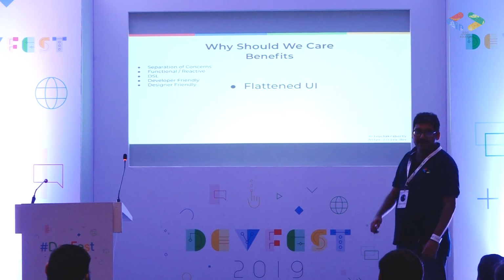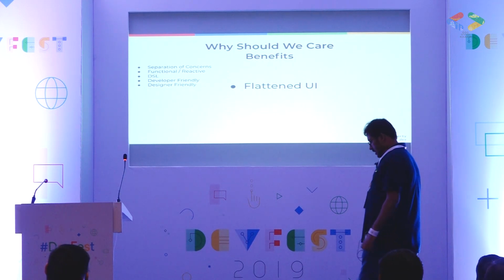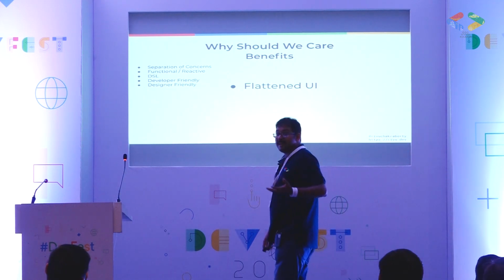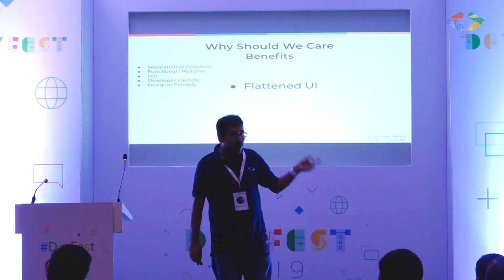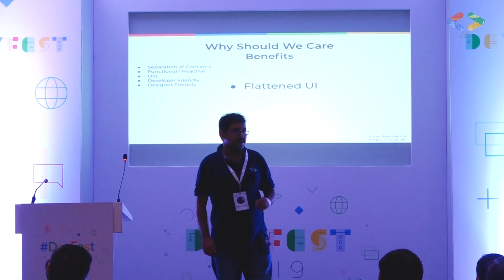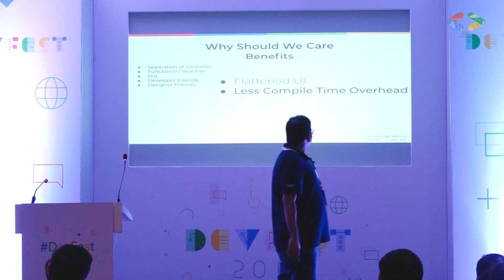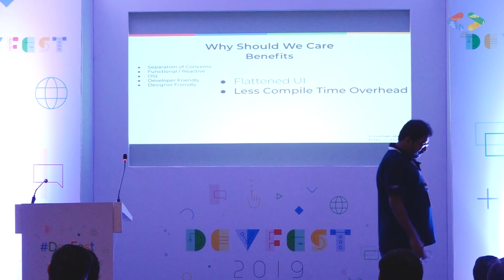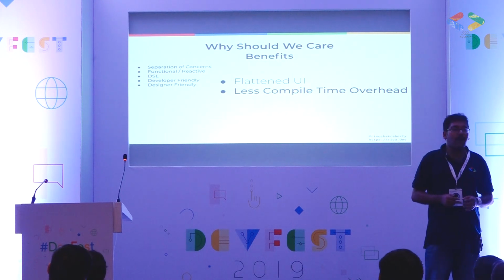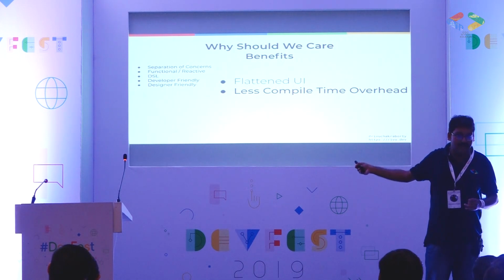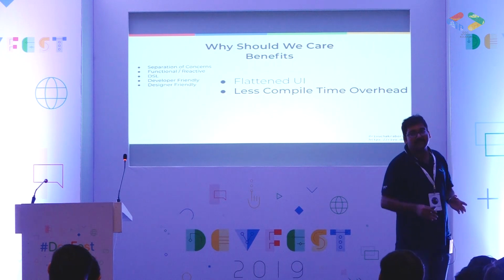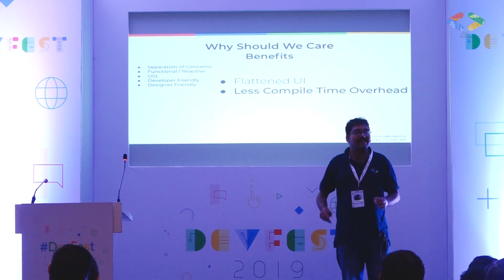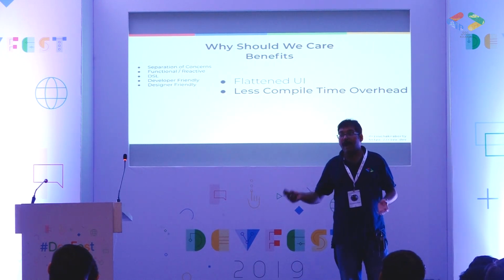Again, coming back to benefits: flattened UI. What is meant by flattened UI? I will discuss that in how Jetpack Compose works. Then, less compile time overhead. Earlier the tweet was about Android Studio getting slow when writing XML. Why?